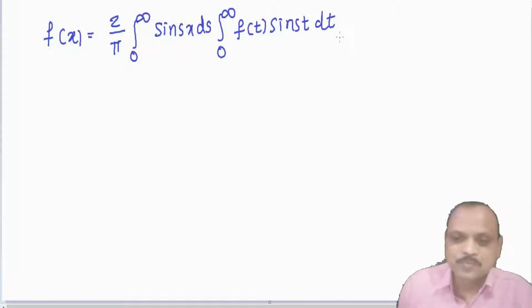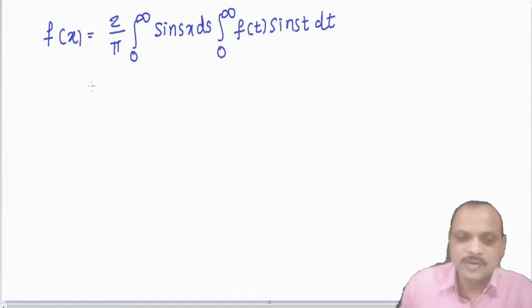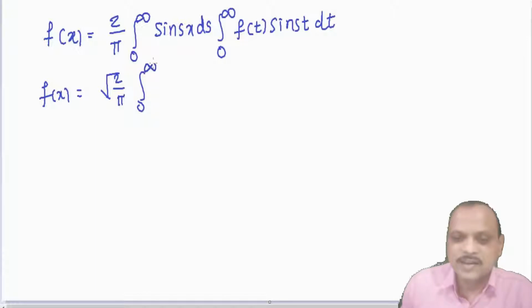Now we write this as f of x equal to under root 2 divided by pi integration 0 to infinity sine sx into ds into F of s.